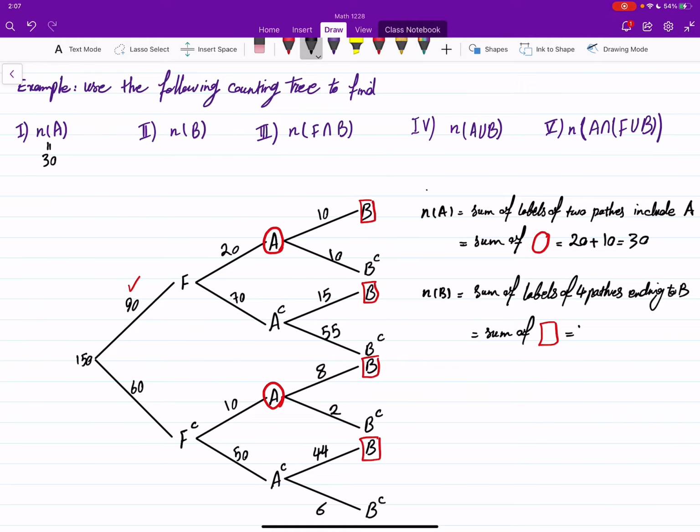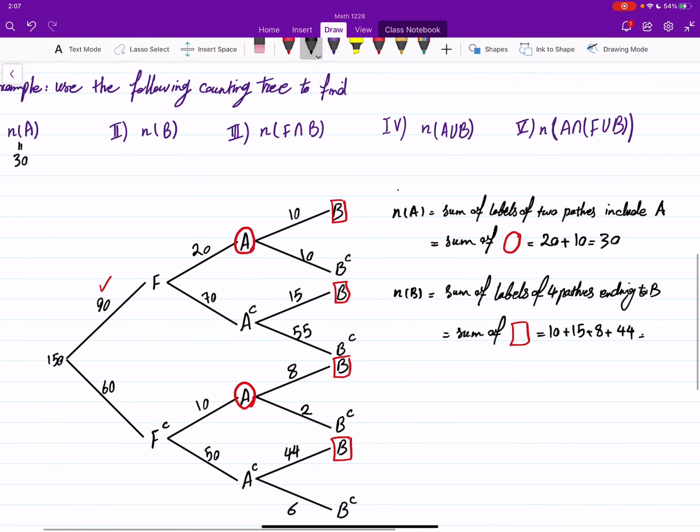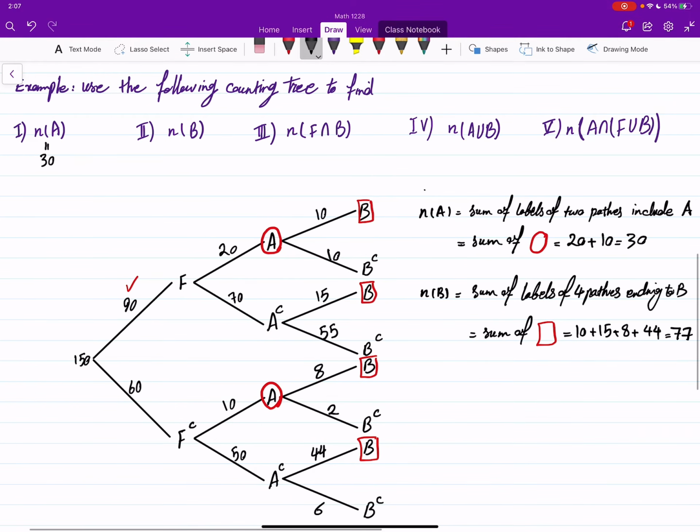Here I have 4 numbers, 10, 15, 8, and 44. Let's add these numbers. Am I right? Yes, so this is 25, 33, and then 77. That will go there.